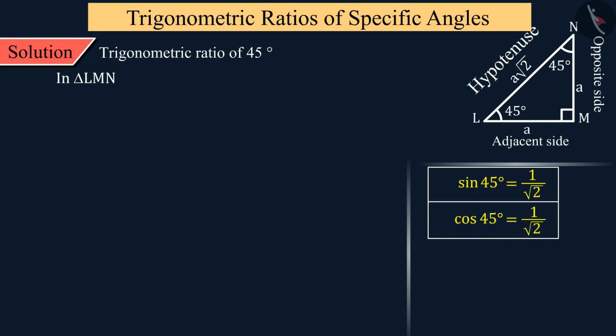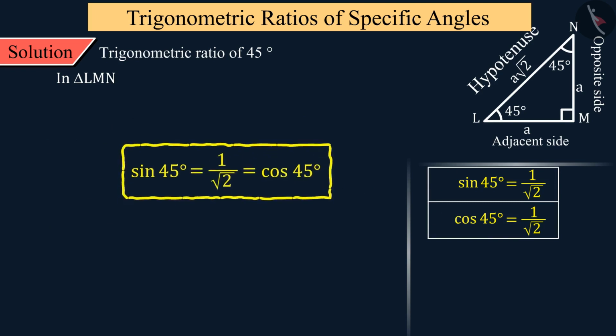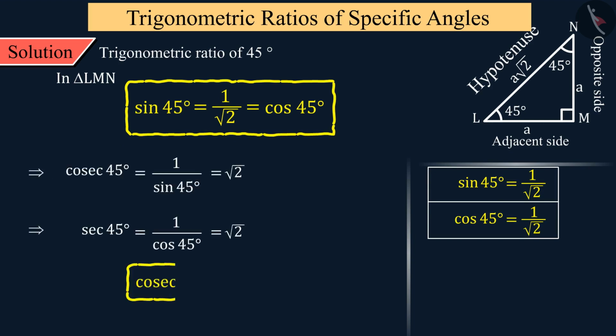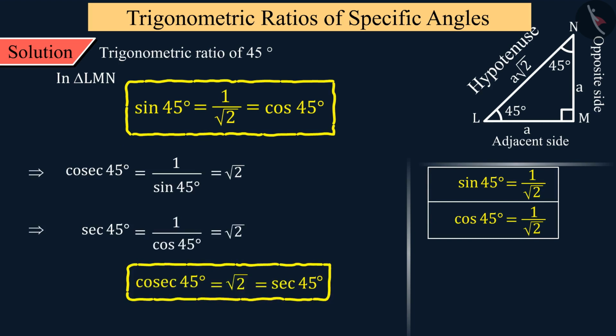Note that the values of sine 45 degrees and cos 45 degrees are the same. That is, we can say that their inverse values of cosec and sec 45 degrees will also be the same.